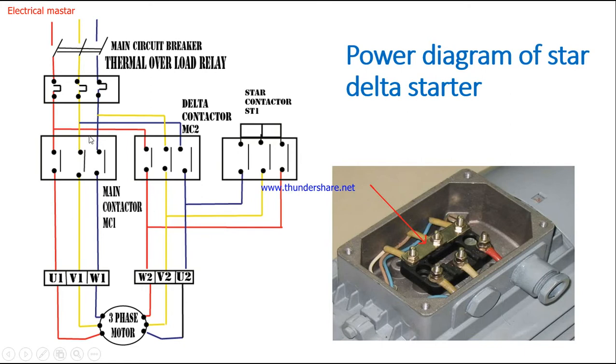Similarly, when we use the star delta starter, we need to remove this shorting link and connect this input to the star contactor. The same input received from U2, V2, W2 is connected to the star contactor. So the star contactor will pick up, and the same supply returns back to the W2, V2, U2 terminals. Clear? This is how the power diagram works.